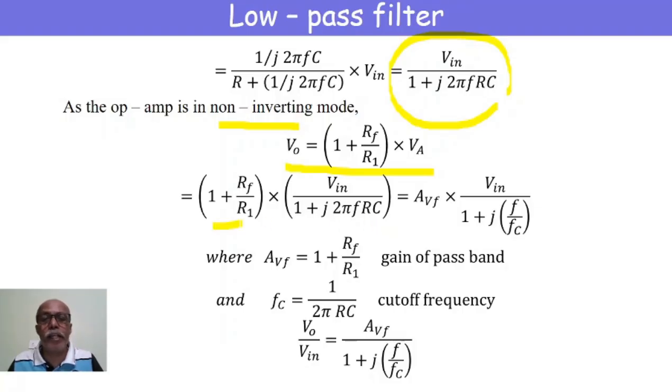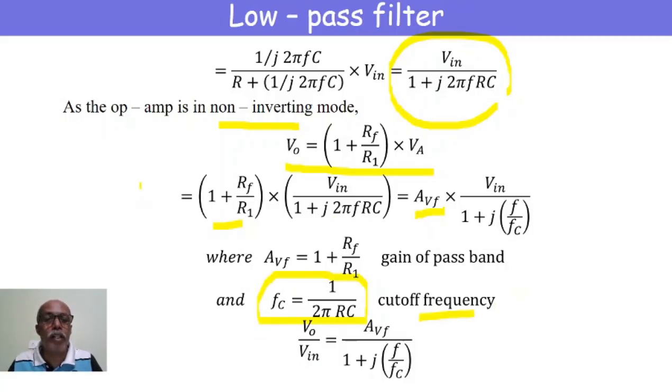This is nothing but equal to AVF, the voltage gain with feedback, into Vin divided by 1 plus j into f by fc, where fc is 1 by 2 pi RC, called the cutoff frequency.